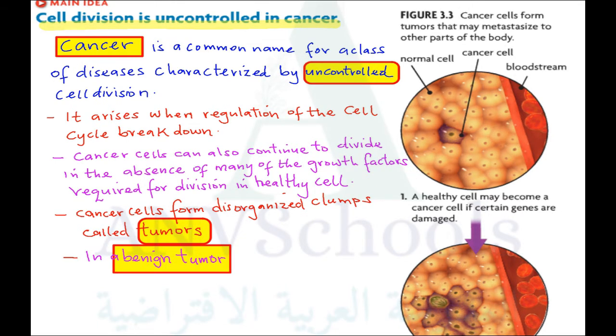In a benign tumor, the cancer cells typically remain clustered together.